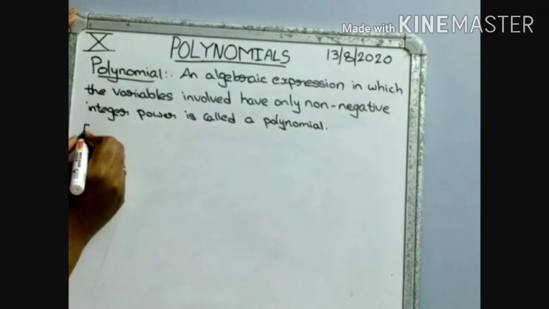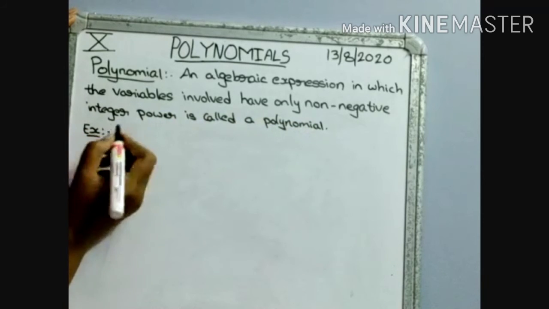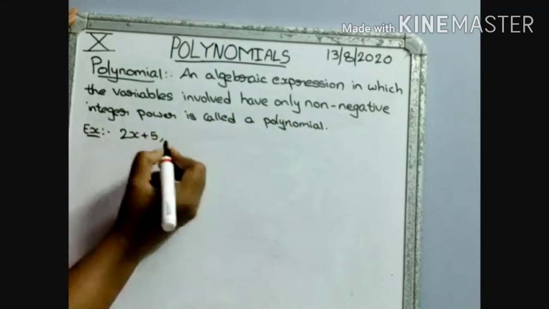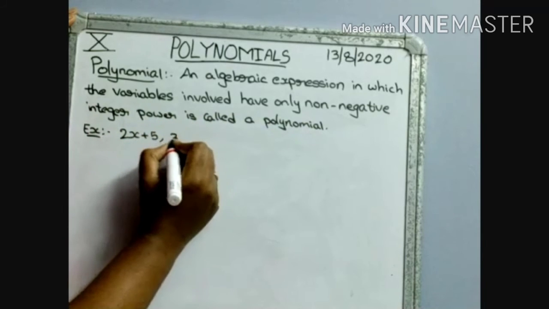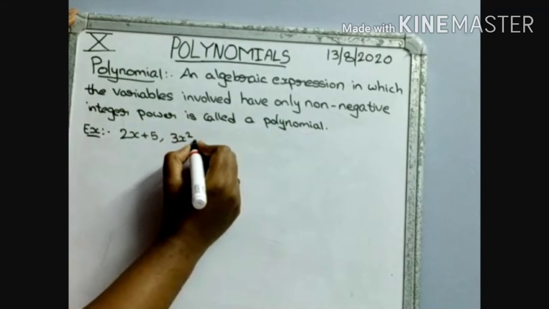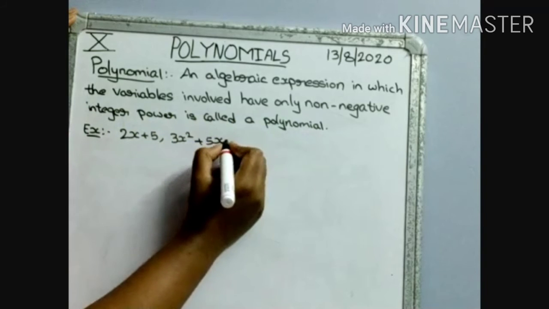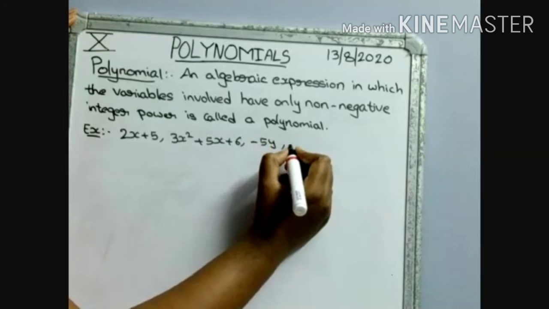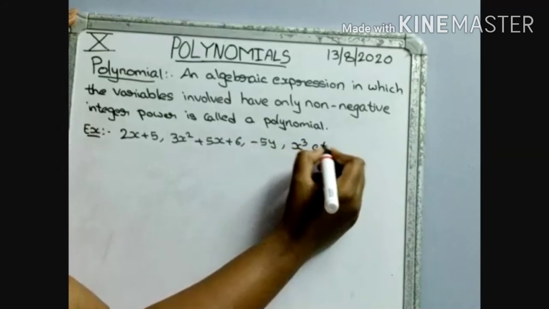See the example now: 2x plus 5, 3x square plus 5x plus 6, minus 5y from x cube, etc.